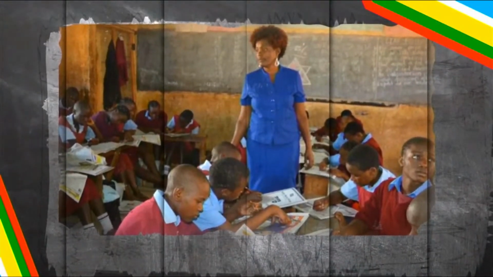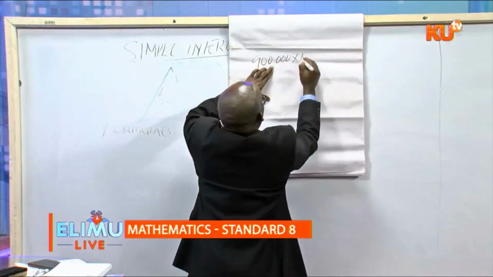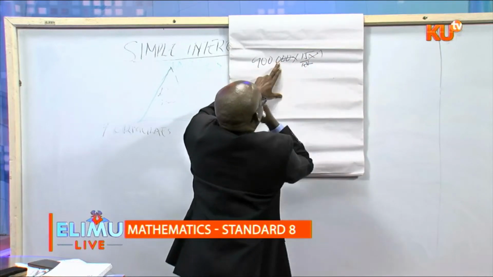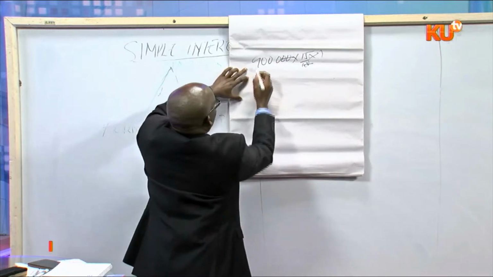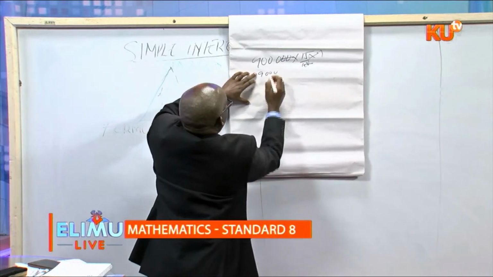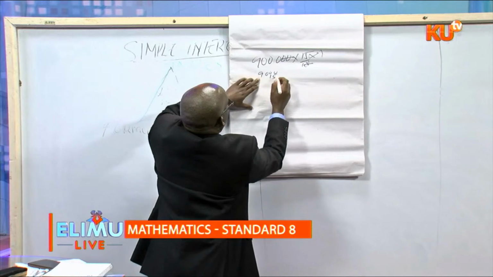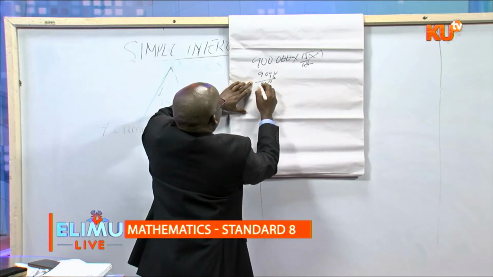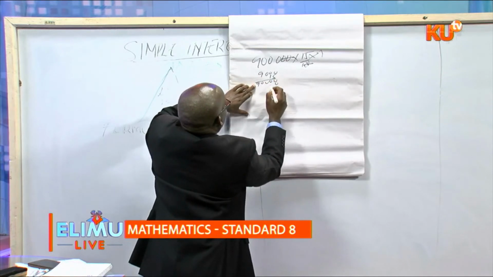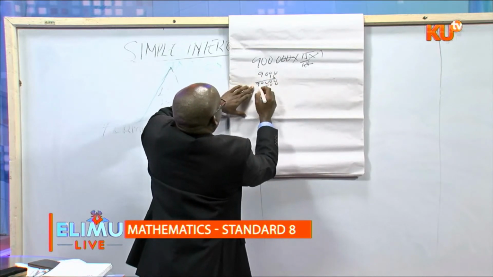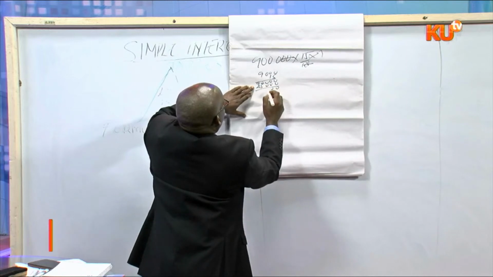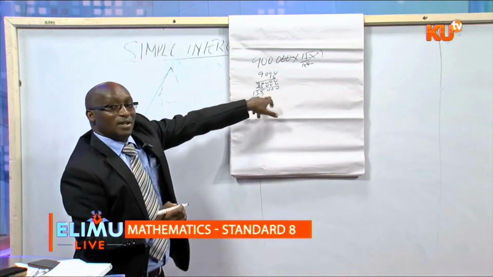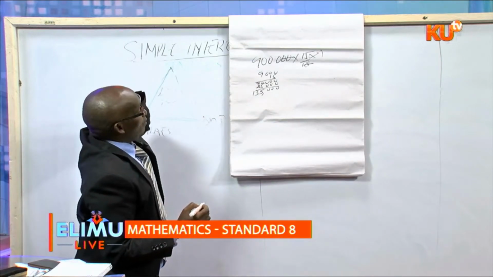So it was 900,000 times 15% times 1, over 100. This is 9,000 times 15, which is 135,000, confirmed as the interest at the end of the first year.